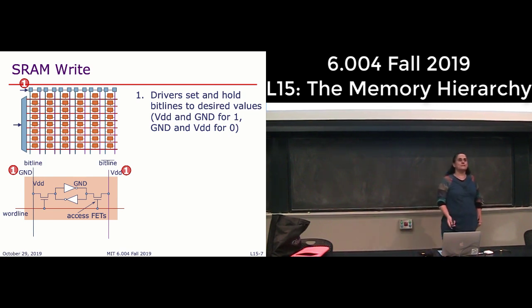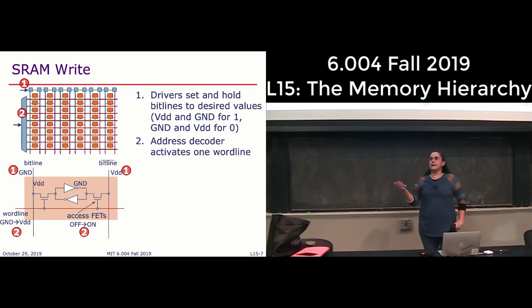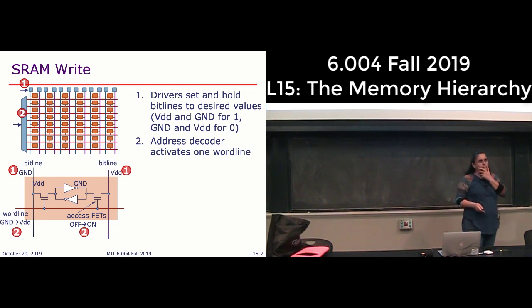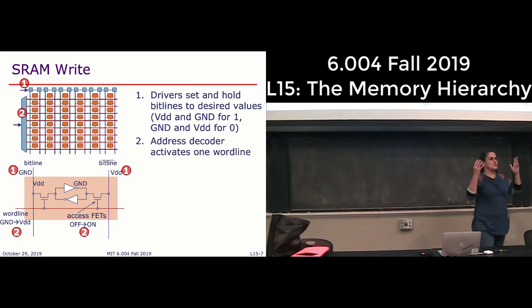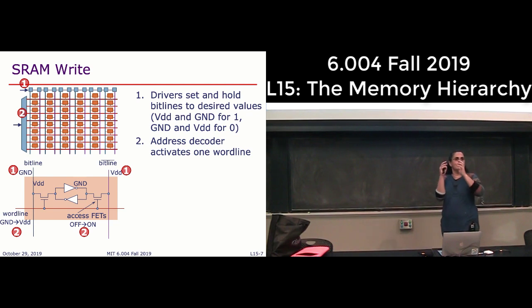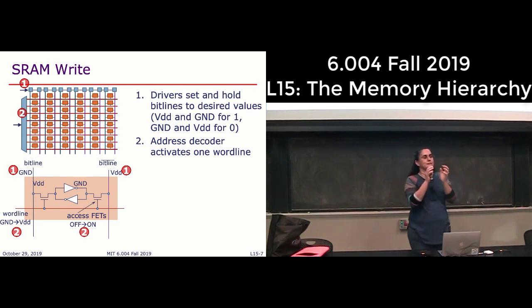So what's going to happen? The next thing that I do is I'm going to activate my word line, and so it's going to turn these access FETs on. And now we want to try to understand, well, what happens? What happens is that these bit lines, as I mentioned, are much, much larger than the transistors in our little SRAM cell.